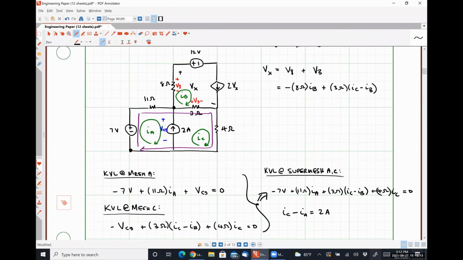So let's look at the 2Vx source, all right? By definition, from that source, there is a current that is flowing down that has a current of 2Vx, right? Because it's a current source.